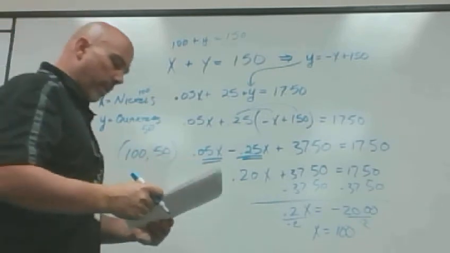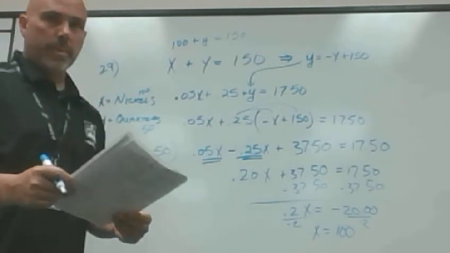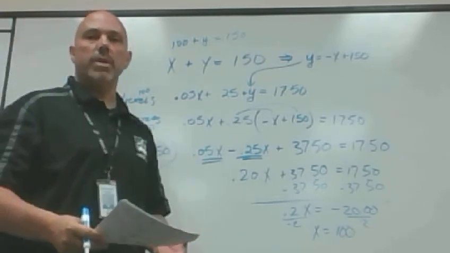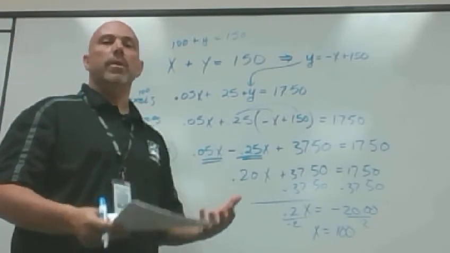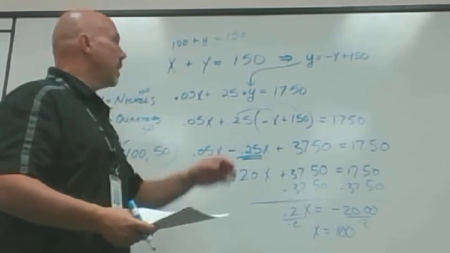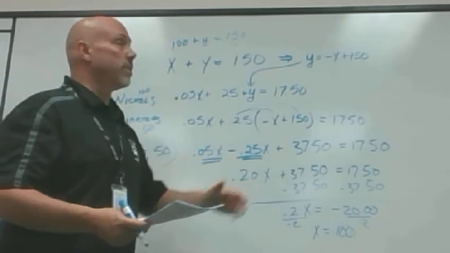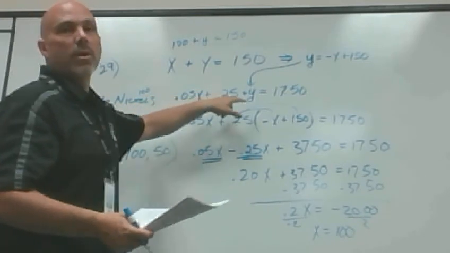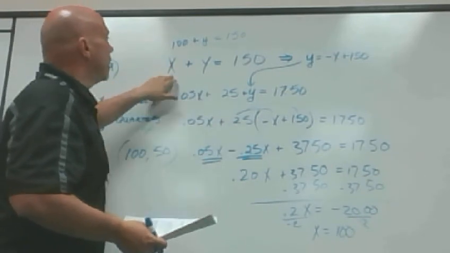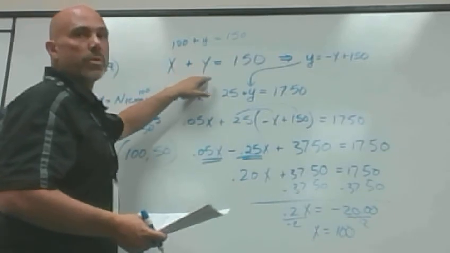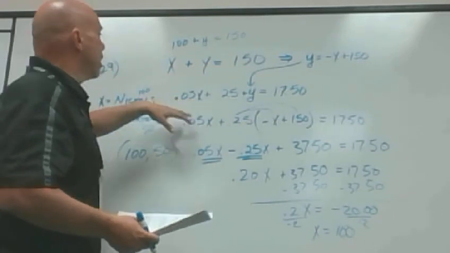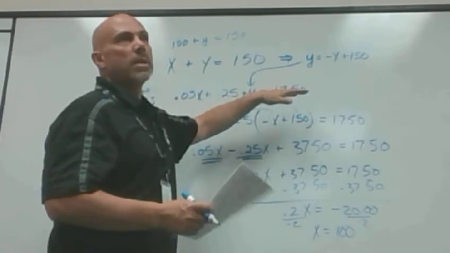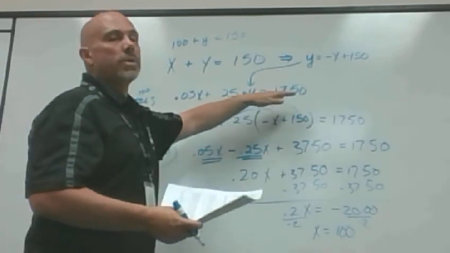Again, I just wanted to reiterate, as far as the story problems are concerned, the key to remember is that you're looking for two scenarios that share the exact same variables. In this case, we had nickels and quarters. We had total nickels plus total quarters equals 150 coins, and we had 5 cents plus 25 cents equals $17.50.